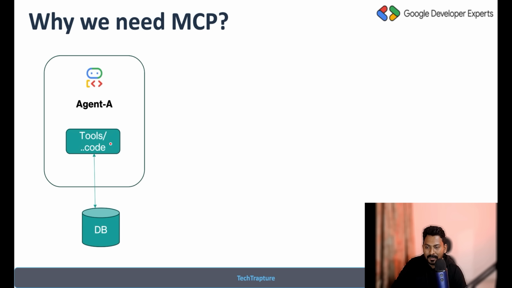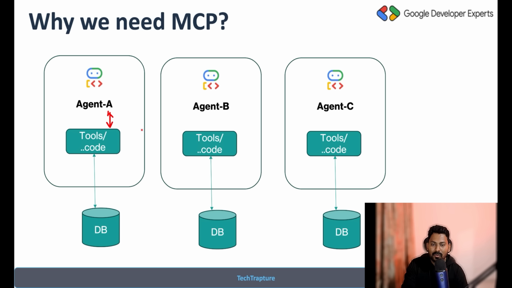Now, let's say you have some multi-agent or sub-agents that will use the same tools. You can share these tools across your sub-agents; that is perfectly fine. But let's say you also have agent B and agent C, which are connecting to the same database or a similar database, and your tool code will be similar.